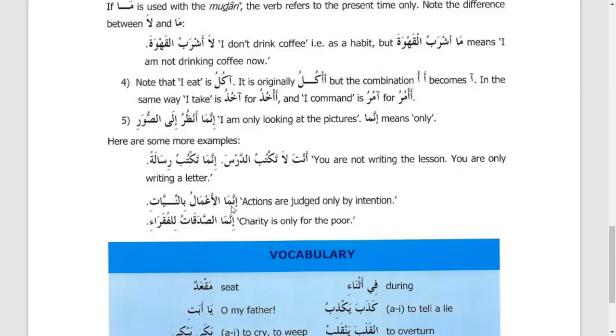So when we say innamal a'malu binniyat, it will be translated as actions are judged only by intention. So it basically translates into only. Innama sadaqatu, to be more specific, is it? To be more specific, that's right. More emphatic, as I said. So when we say innama sadaqatu lil fuqara'i, charity is only for the poor, and not for anyone else. It's only for the poor. So it's more emphatic than inna.